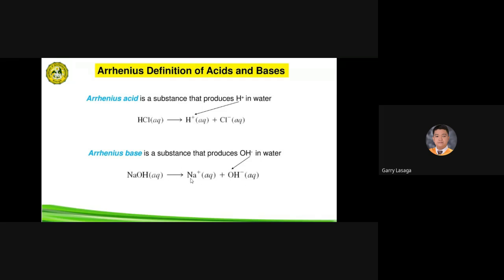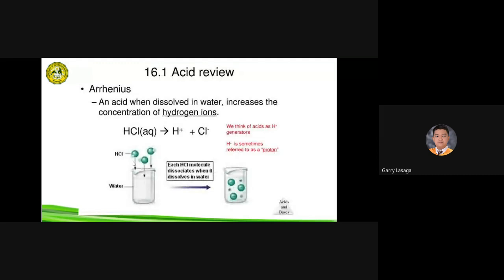It dissociates into sodium and hydroxide ion. So when we add more sodium hydroxide in water, it will also produce more hydroxide ion in water. Kaya tinawag siya na Arrhenius base.